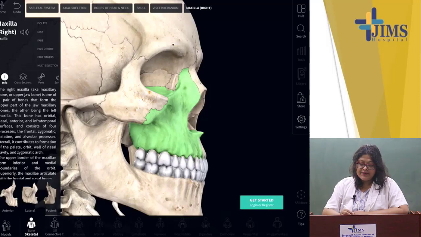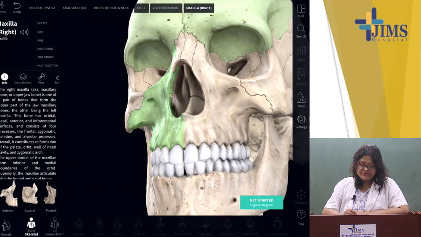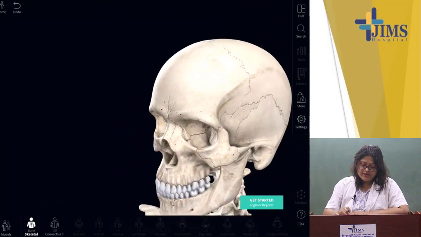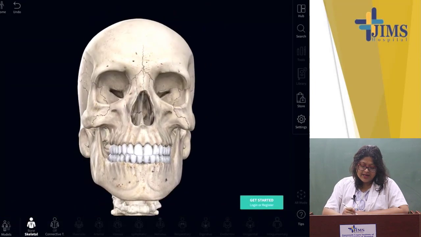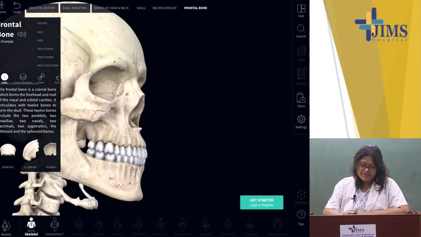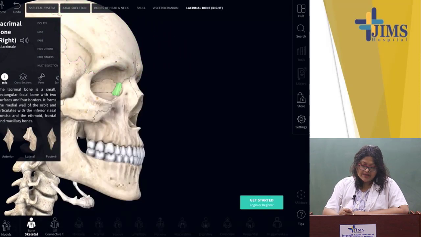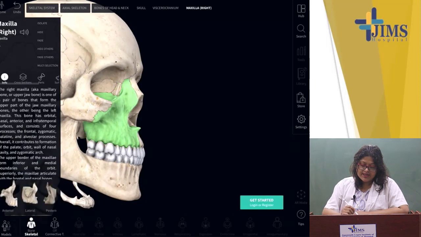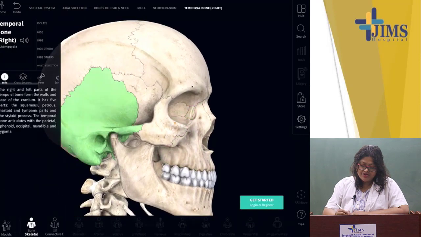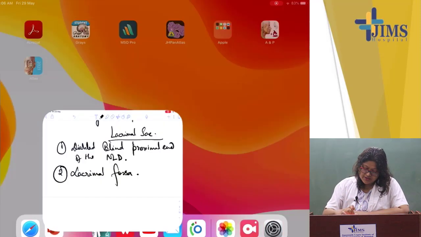As you can see, the lacrimal gland is placed laterally, and lacrimal sac is placed medially. This is the lacrimal bone, this is the maxilla, this is the frontal process of maxilla, and at the junction of the two, it forms the lacrimal fossa.